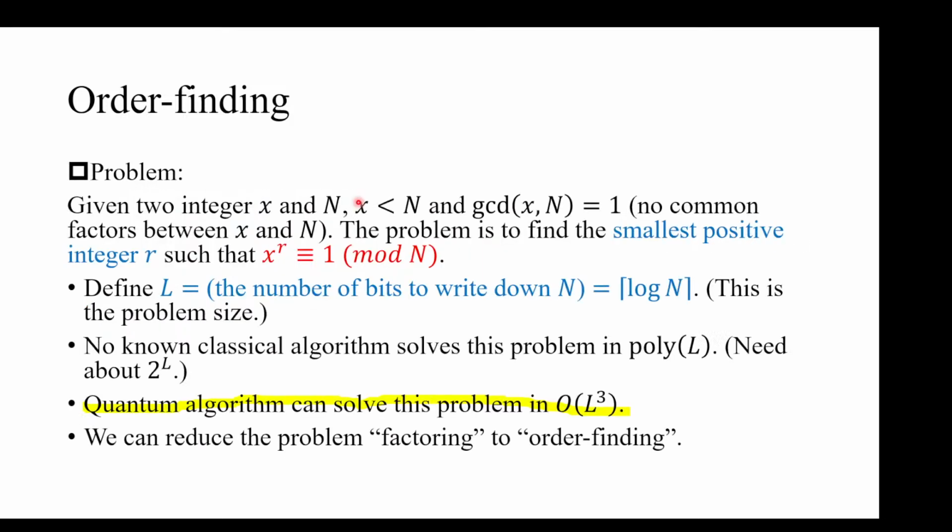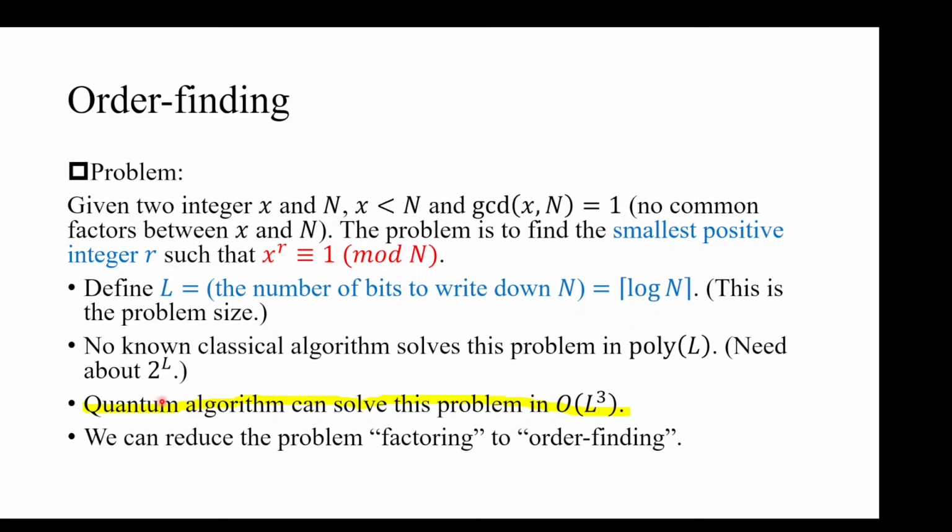Okay, and this is a number theoretical problem that can be done really fast with a quantum computer, but not so fast on a classical computer. At least we don't know.